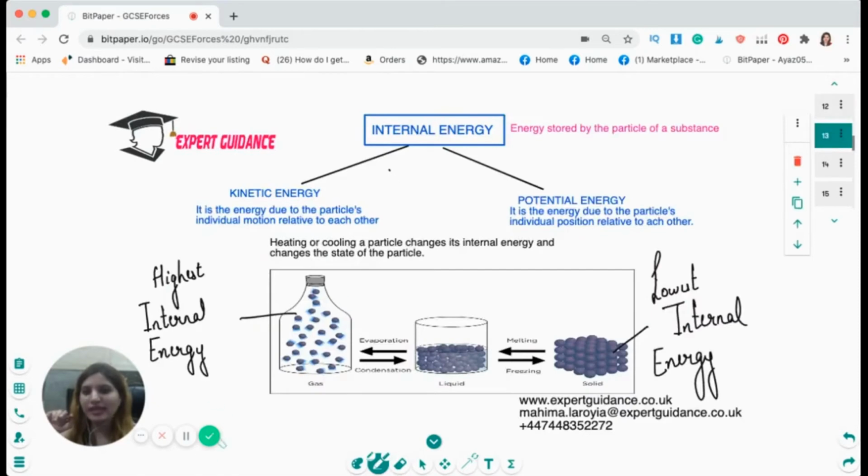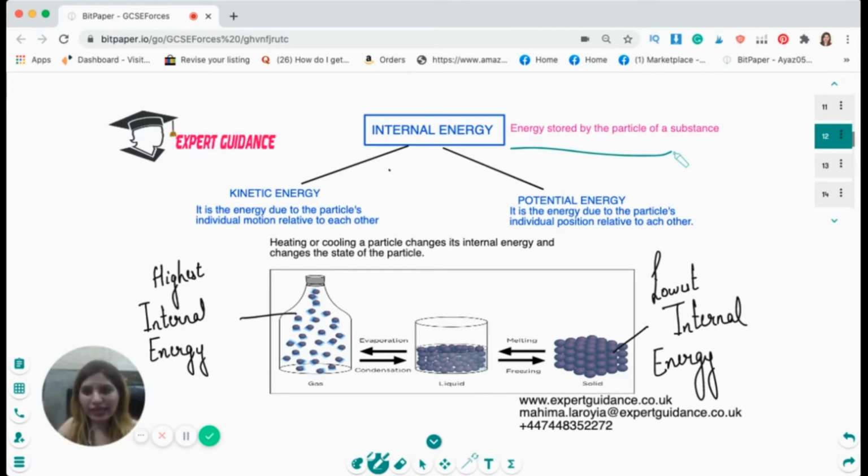First, let's see what is internal energy. Now, internal energy is defined as the energy stored by the particles of a substance. So for any substance, the energy that is stored in the particles of the substance is internal energy. Now, internal energy is a very broad term. It includes two types of energy. Every particle has a kinetic energy and a potential energy.